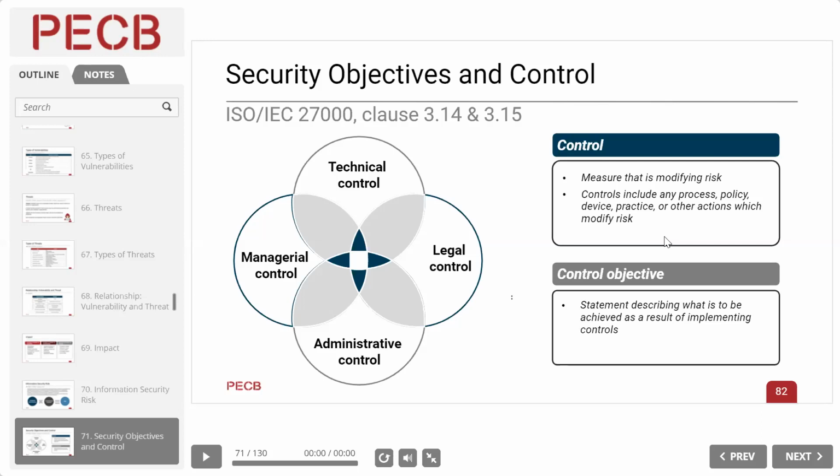Okay. And then a technical control would be any control that uses technology. So your access control software is a technical control. The biometric access control is a technical control. Putting a fence around your premises is a technical control.